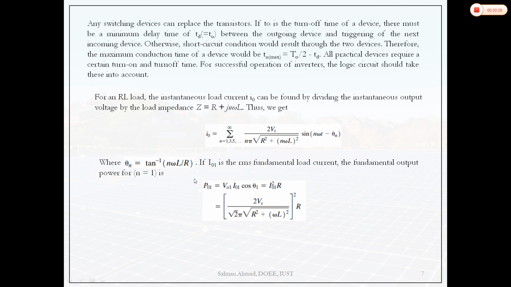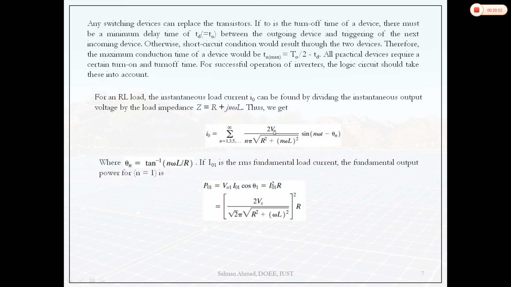The useful power, that is P01 or the fundamental output power, you can find from the RMS values of the fundamental voltage and fundamental current multiplied by cos theta 1, or as the fundamental output current RMS square times resistance.